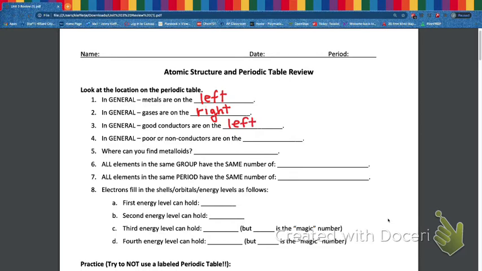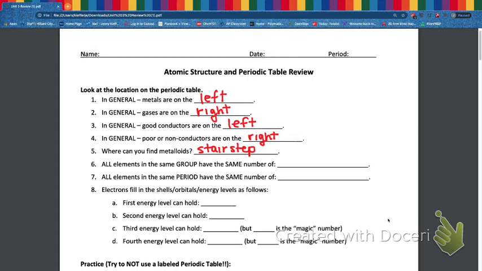In general, poor or non-conductors are found on the right side because remember, that's a property of non-metals. Where can you find the metalloids? They are on that stair step, starting with boron and going down to astatine.